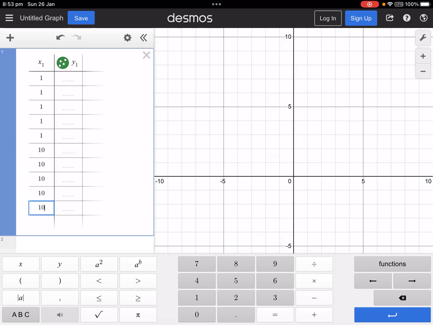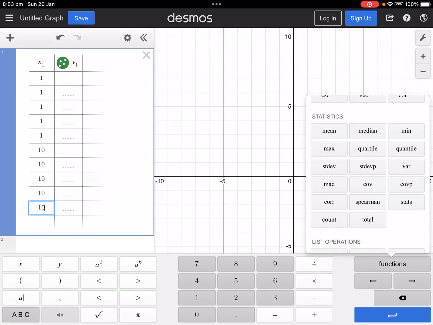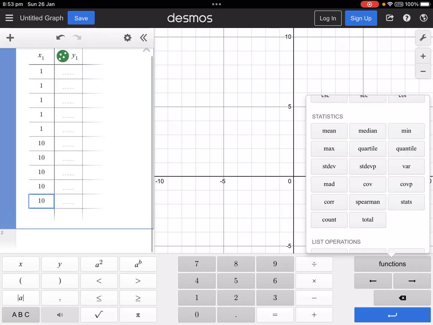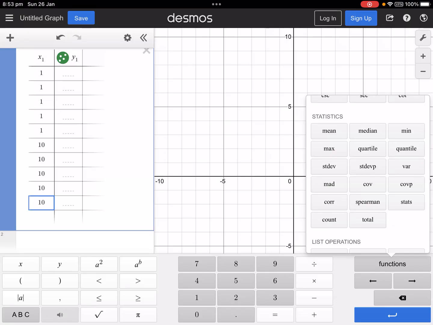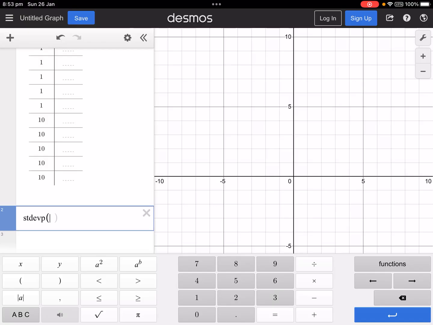And then I go here on the right, you see where it says functions. I'm going to click on it, and I'm going to go to the stats, and you see all these statistical functions that we could do. We're going to go to the middle column, third one down, where it says standard deviation, STDEVP. That's the one that we're after. And we're going to put that in the next line. So after our table, we're going to click on the next line, 2, and we're going to hit standard deviation P. And now we need to tell it where's the data set that we're going to use?